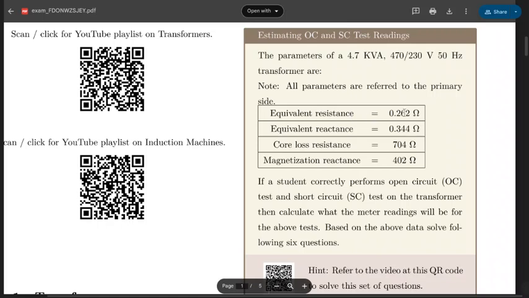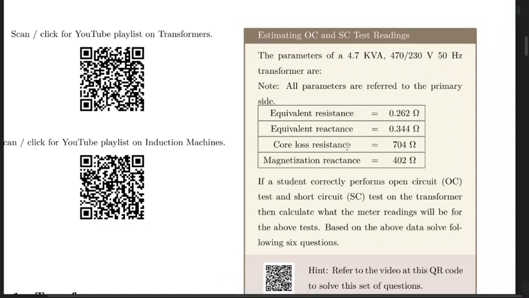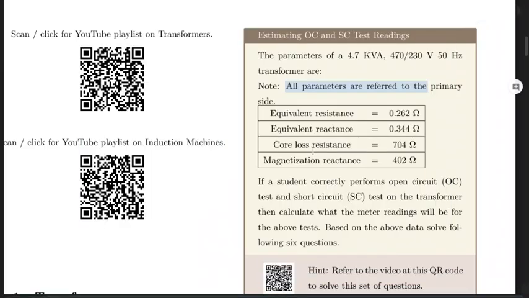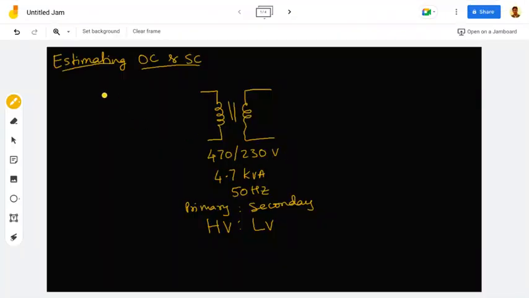So here I have this equivalent resistance 0.262. All these parameters are referred to the primary side. So that means now what I have to do, in the primary side I will make the circuit parameters.